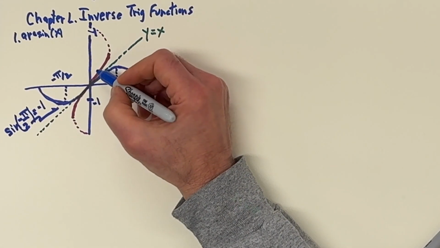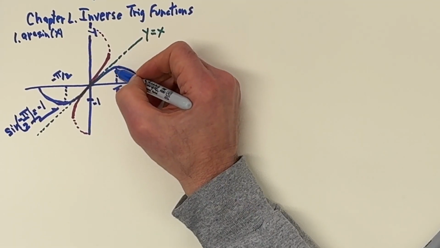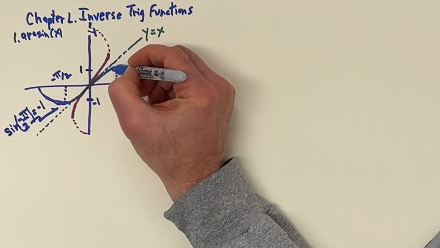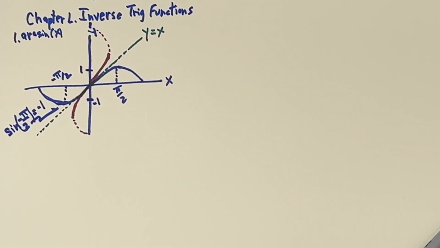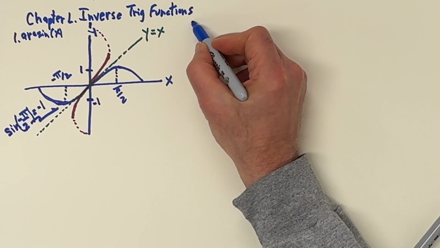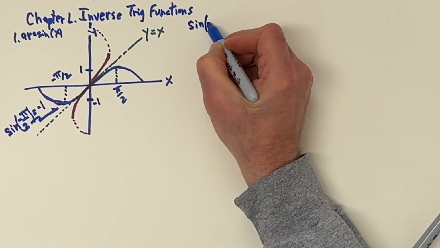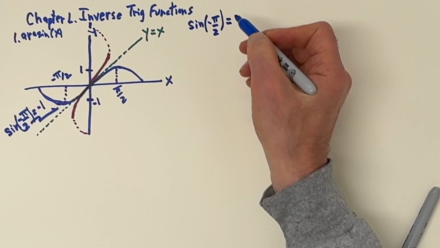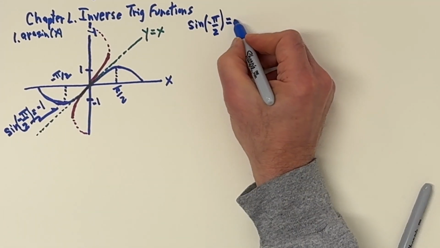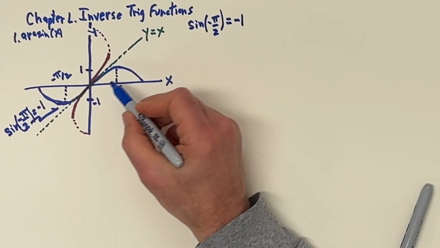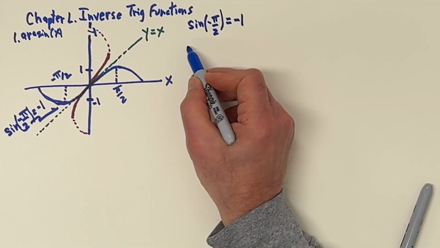Then if you go over to here, the sine of pi over 2 is going to be 1. So we could mark a 1 there. But now let's make a little chart. Say sine of minus pi over 2 is equal to -1, right? That's down here.